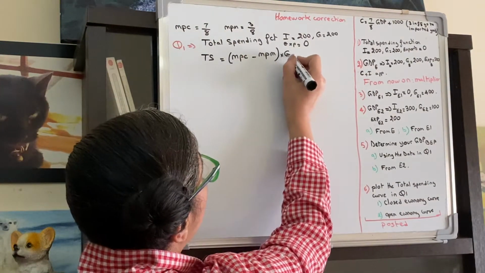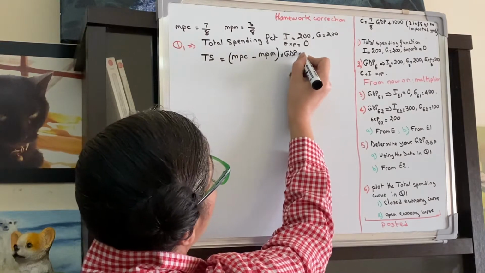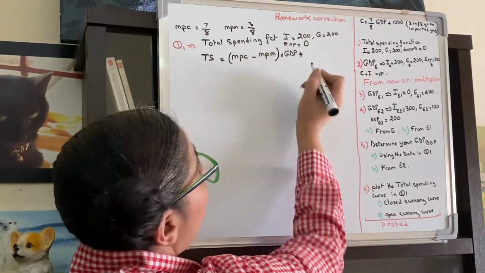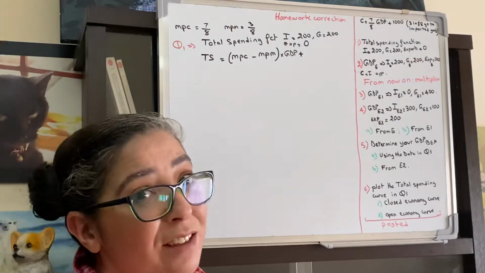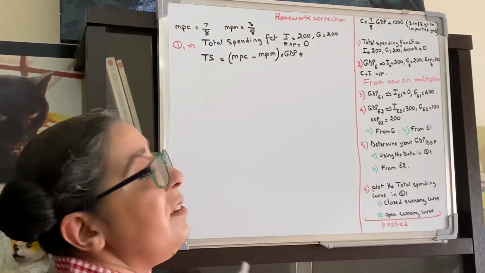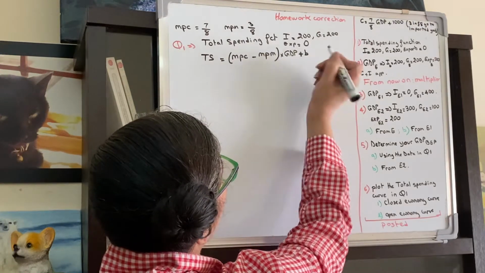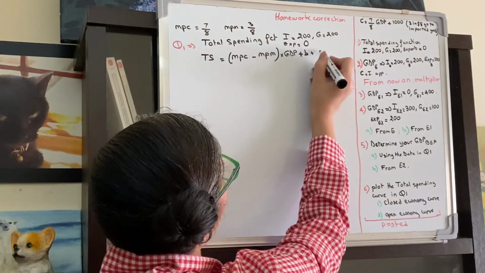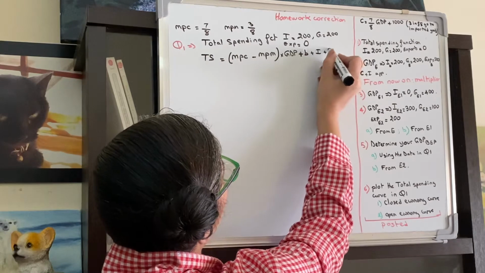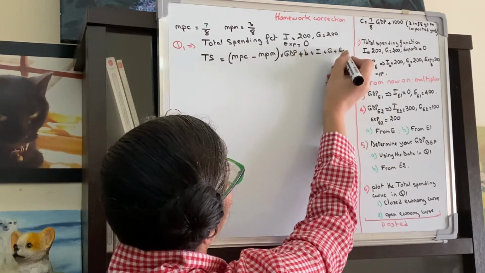Times GDP plus B, your constant, plus I plus G plus exports, because imports are already taken into consideration here.